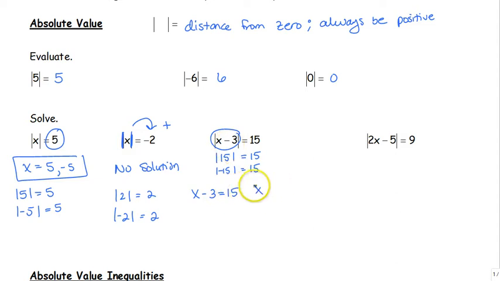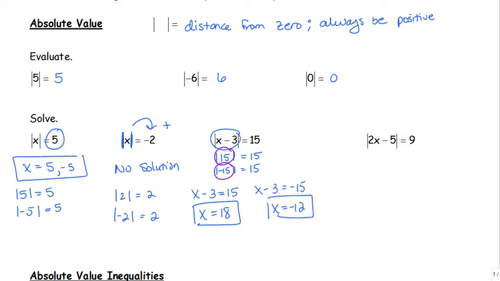And what value of x is going to make that expression become a negative 15? Because remember, either one, a positive or a negative 15 on the inside, when evaluated, is going to be a positive 15. We move that 3 over, and we get 18. We move the 3 over, and we get a negative 12.